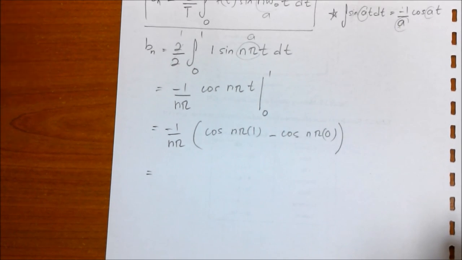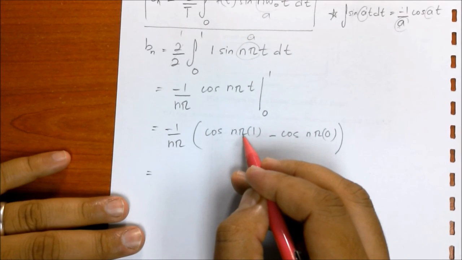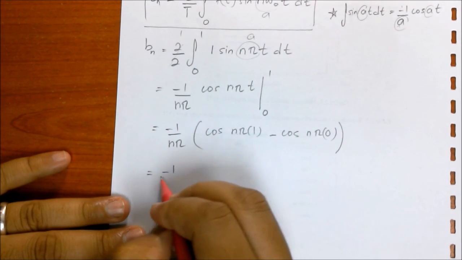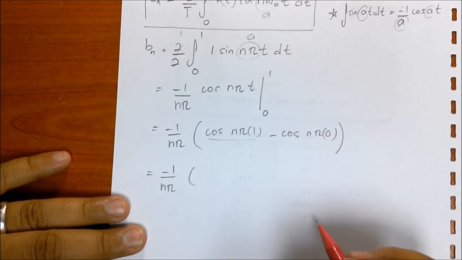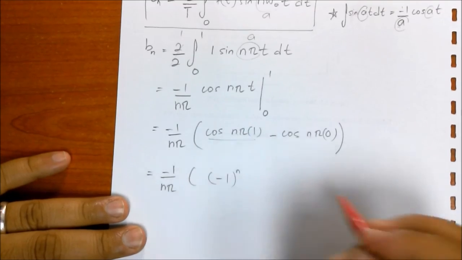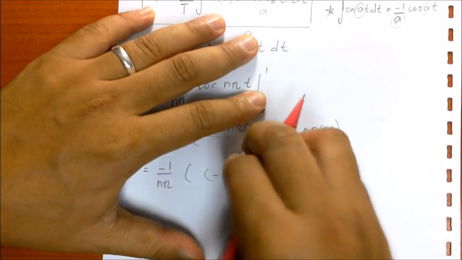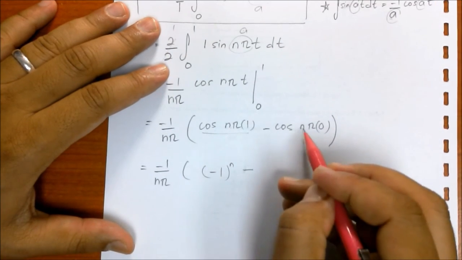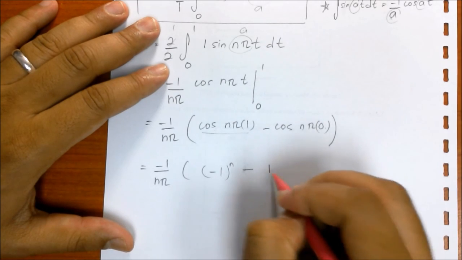So for cos n pi, this will give us negative 1 to the power of n, while cos n pi 0 will give us 1, right?